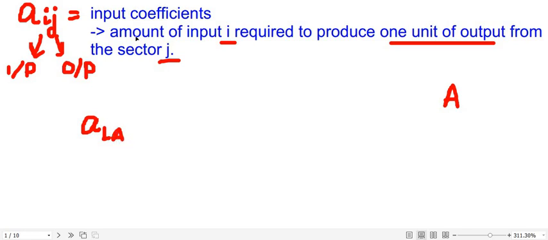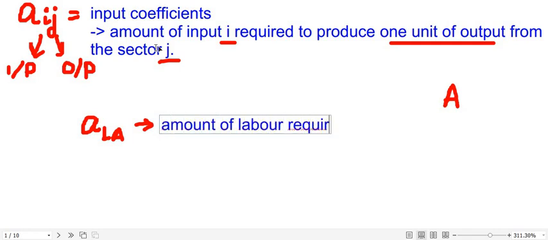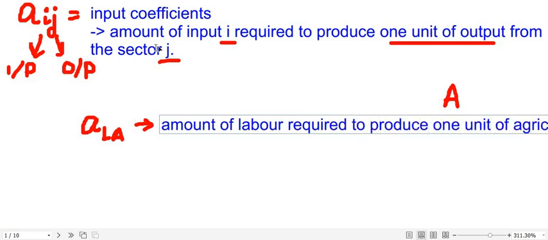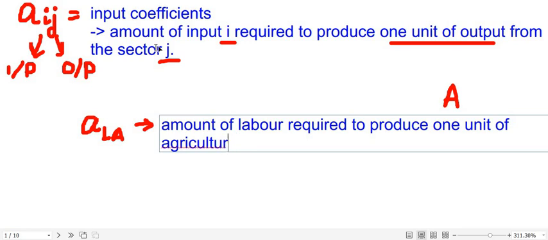That means ALA is the amount of labor. Here input I is labor. So amount of labor required to produce one unit of output from sector A, which means one unit of agricultural output. So if I translate it to the definition terms, it becomes the amount of labor required to produce one unit of agricultural product, that is ALA.